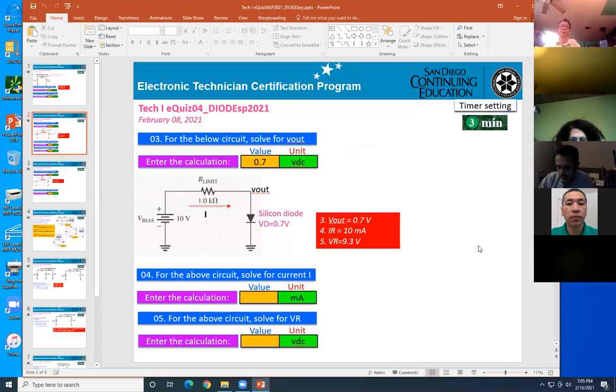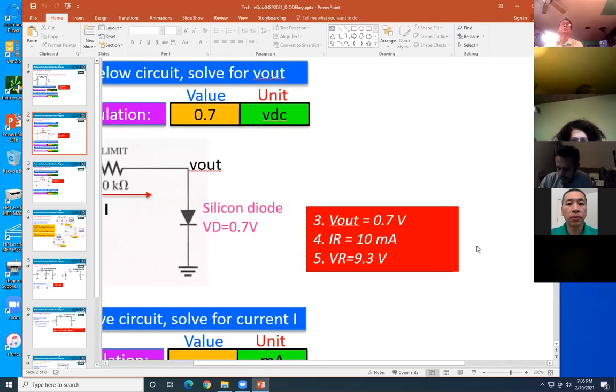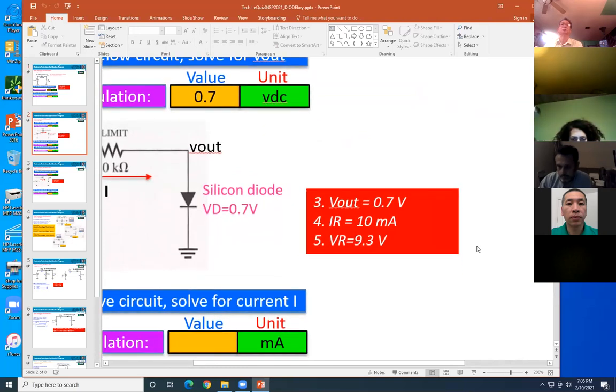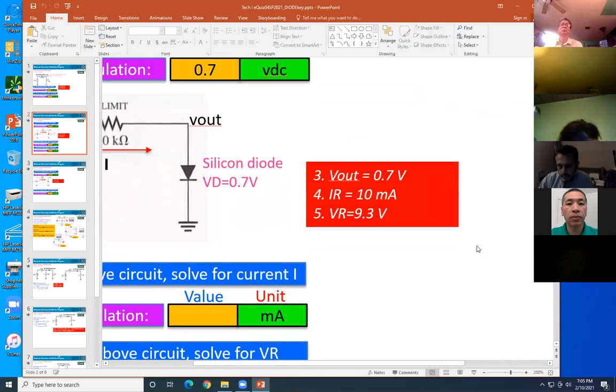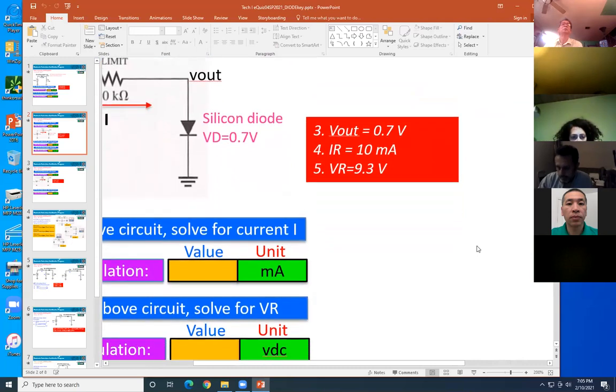Number two. If you cannot take it quickly, then you can look into the web.